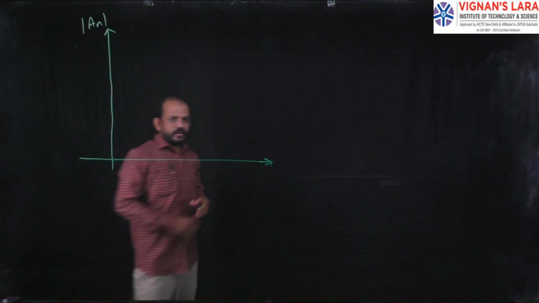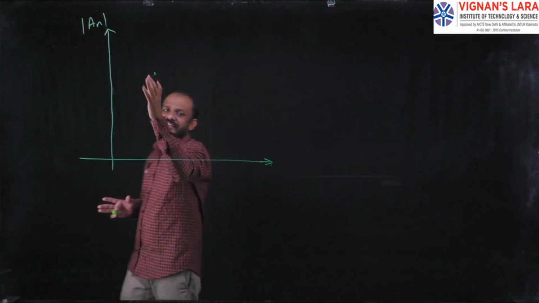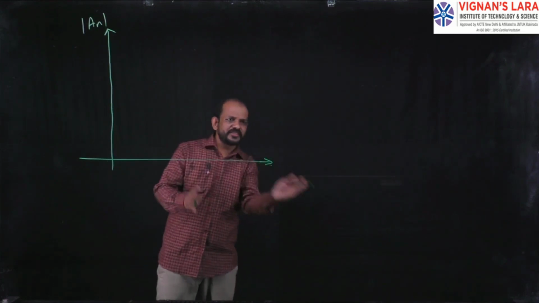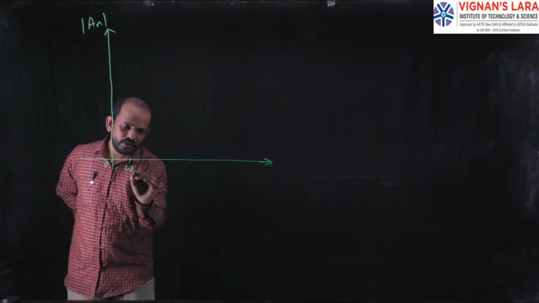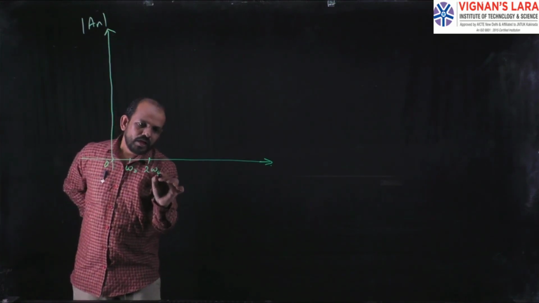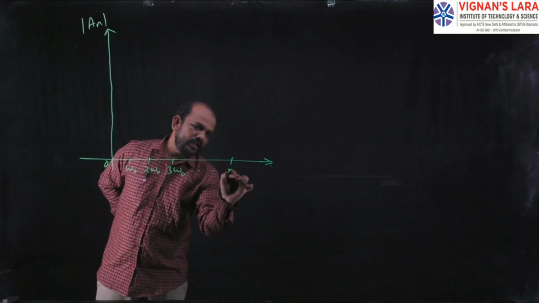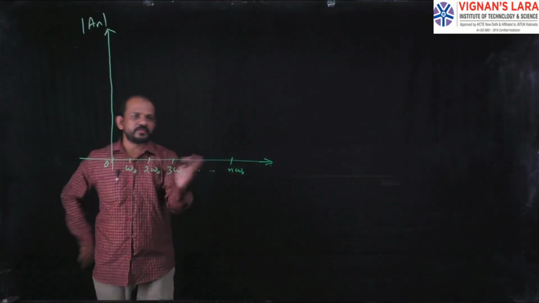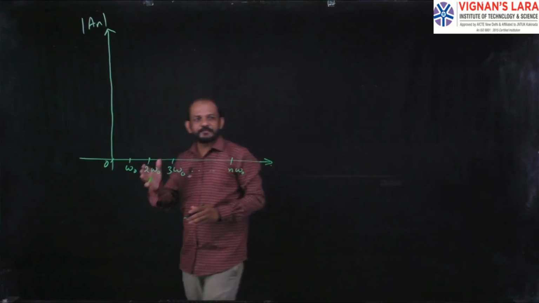Here it is a single-sided spectrum. Why? Because the Fourier coefficients exist only for the positive frequencies, that is 0, omega naught, 2 omega naught, 3 omega naught, and so on. For only positive frequencies I get the spectrum. Hence it is called a single-sided spectrum.